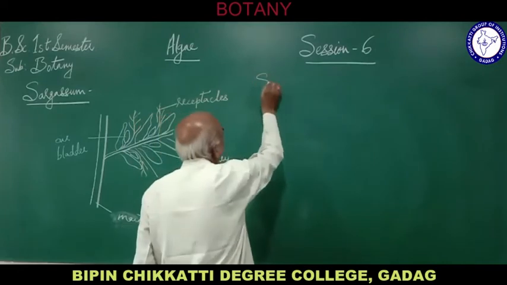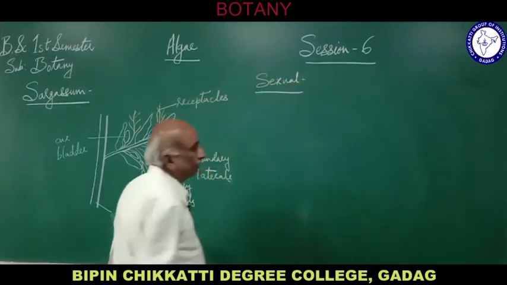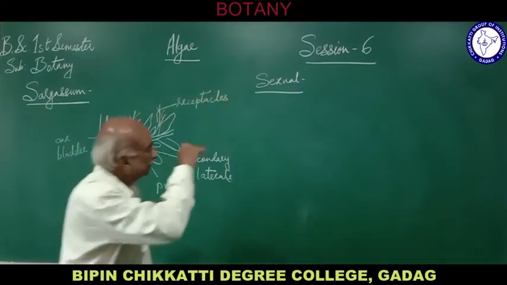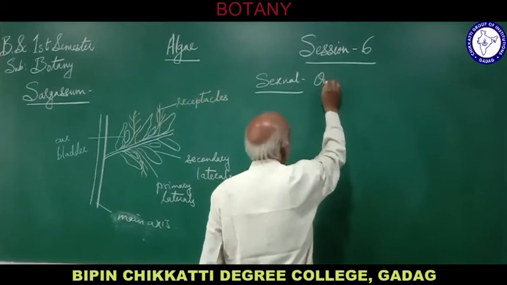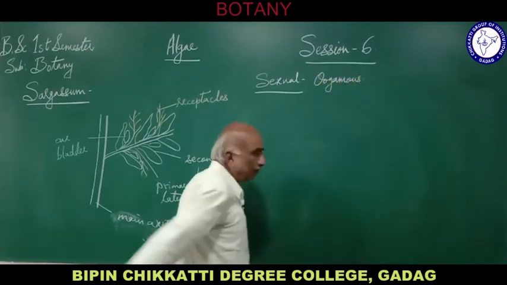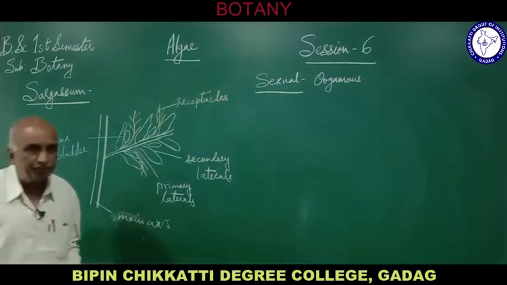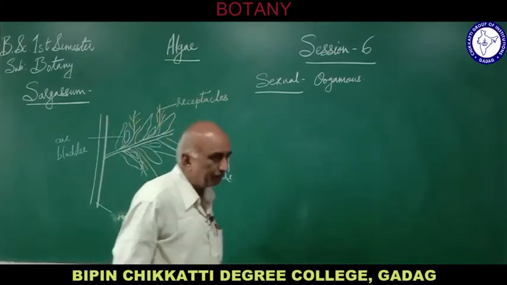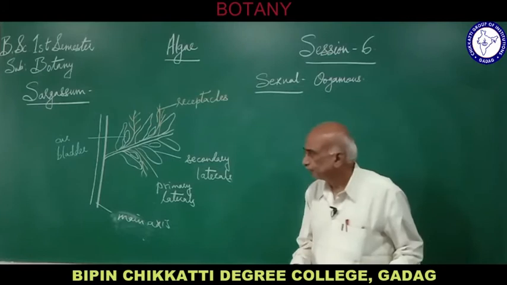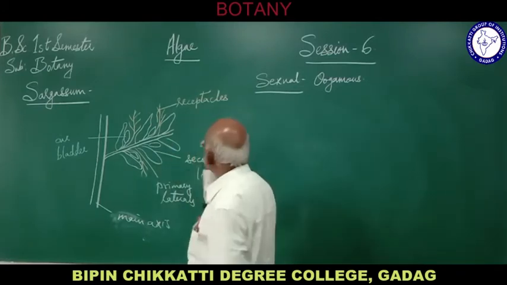Now the sexual method of reproduction is very important here. The sexual method is oogamous type of reproduction. There are well developed reproductive organs. The male reproductive organ is the Antheridia, the female reproductive organ the Oogonia. These Antheridia and Oogonia are produced in the receptacles.